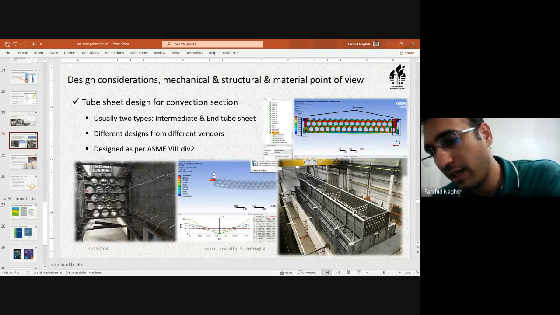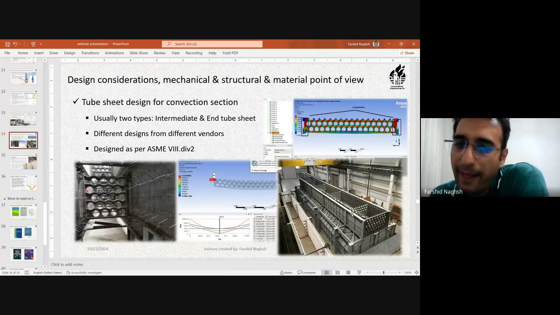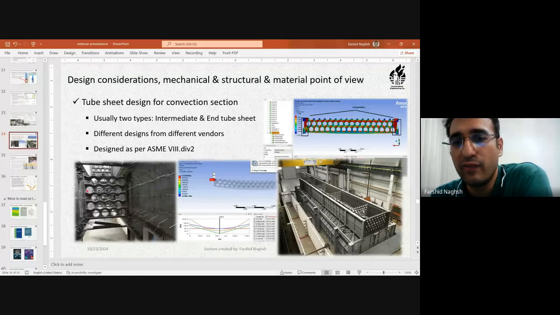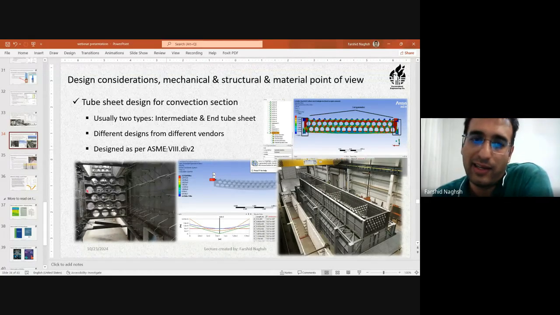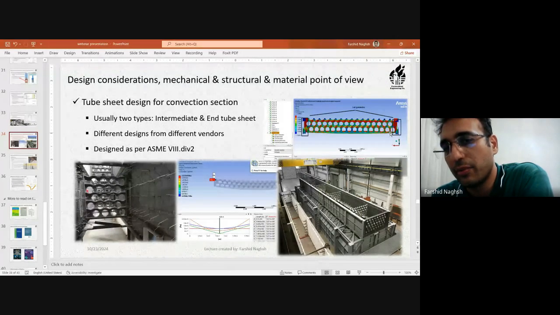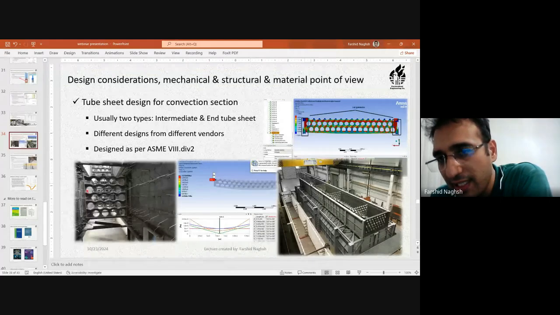They are manufactured using casting, and they need to be carefully analyzed. The analysis is done as per ASME Section 8 Division 2, and it is very, very important to analyze these tube sheets correctly.